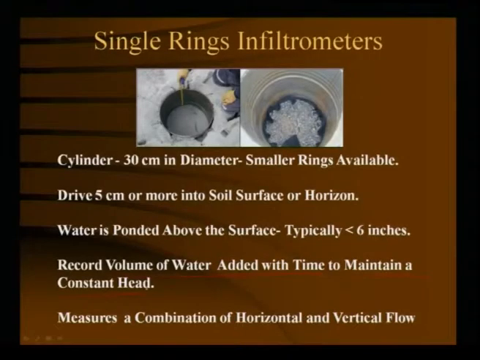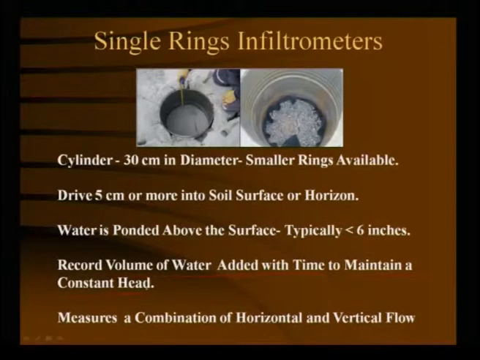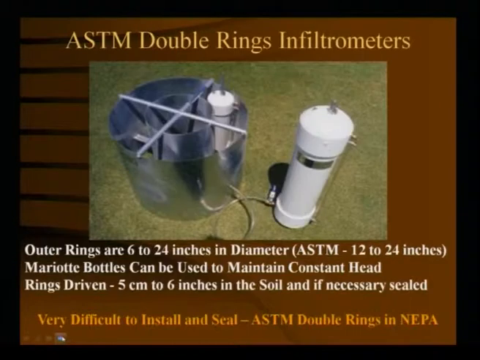That is, how much volume of water is required to achieve your constant head. That is the case for both single as well as double ring infiltrometers. The advantage is that by the borehole method you can measure a combination of horizontal as well as vertical flow in field testing or in situ conditions.